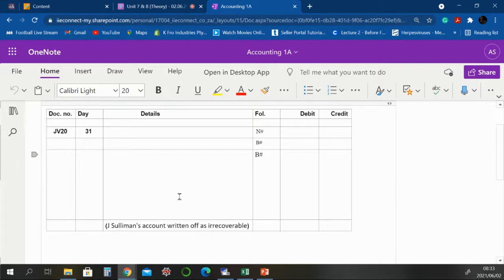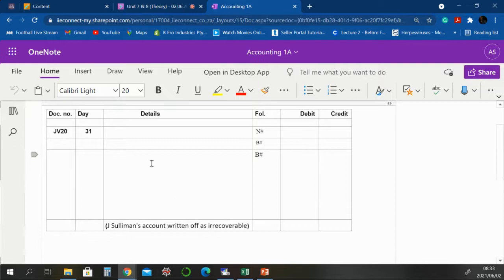So input VAT is the one that we actually want to record. Okay. So my advice to you is whenever you have these type of transactions, you record the accounts that are affected. You debit and you credit them, and then you go on to work out the amounts that you're going to debit and credit. Okay.